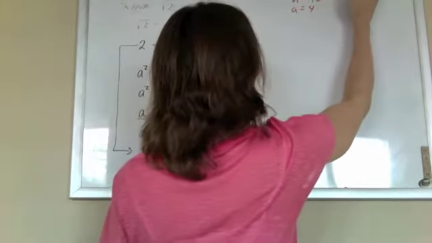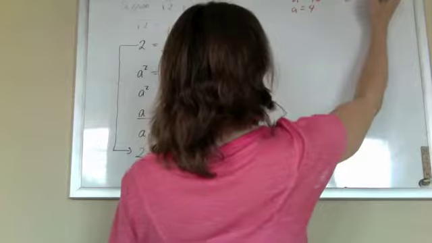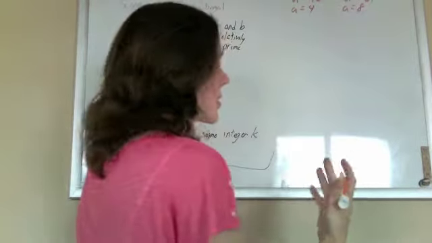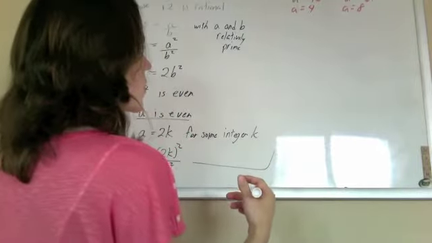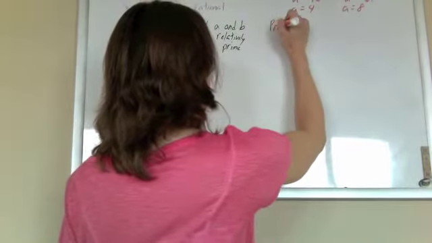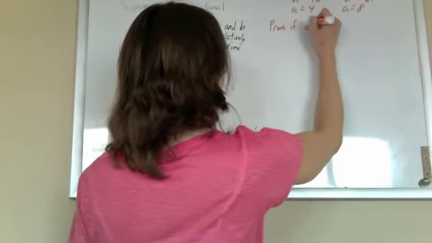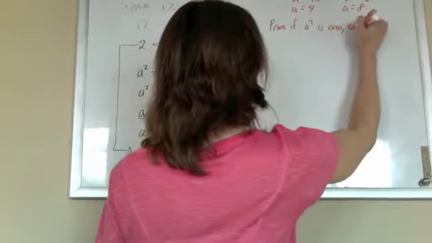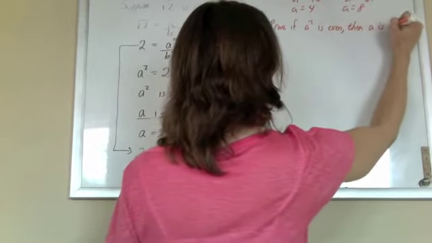That's even, right? Maybe if a squared were 64, then a would have been 8. That's even. It seems like it's working, but if you want to prove it, so we want to prove if a squared is even, then a is even.